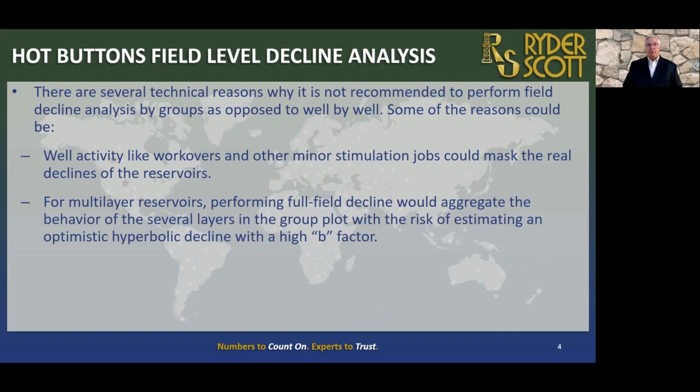For multi-layer reservoirs, performing a full field decline would aggregate the behavior of several layers in a group plot, with the risk of estimating an optimistic hyperbolic decline factor in the analysis.